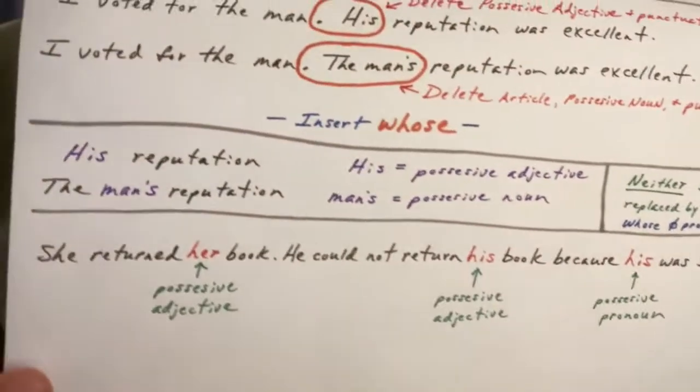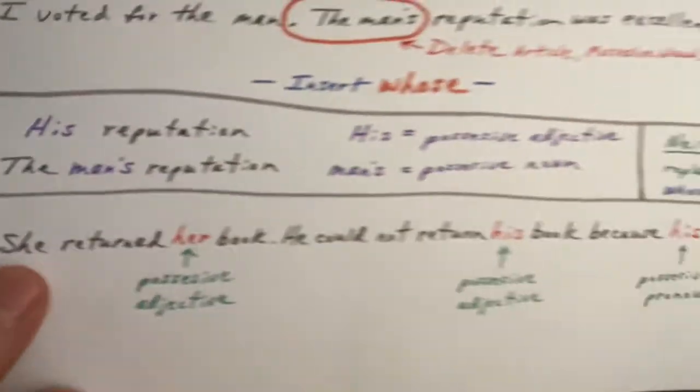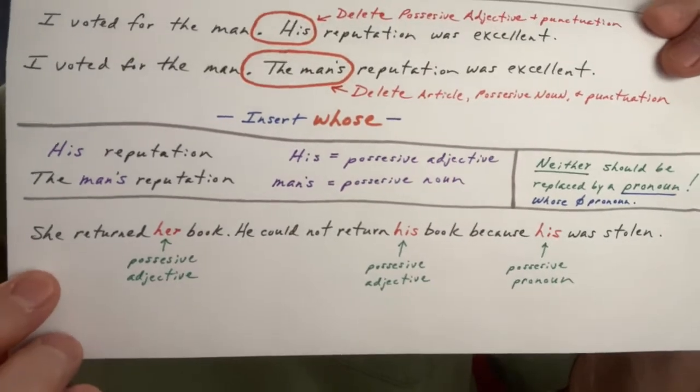Now, let's go back to a different sentence. All right, here it is. You can see that there. I'll read it to you. She returned her book, period. He could not return his book because his was stolen. Again, she returned her book.